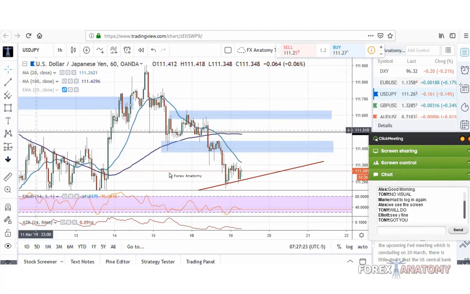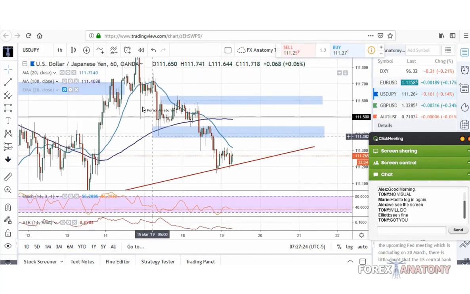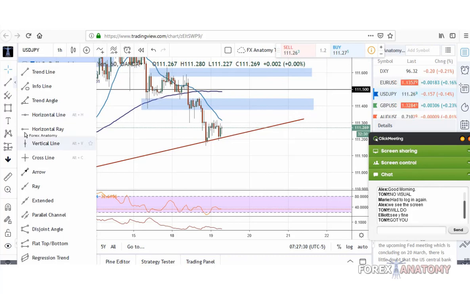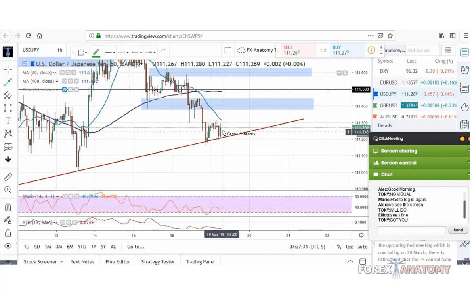So then here's how I would like to see it. I'm going to be pretty cautious on this pair until I see price break this ascending trendline support. If I see a nice clean break below it, then that's when I would look for price to retrace and look for an opportunity to sell upon bearish confirmation.